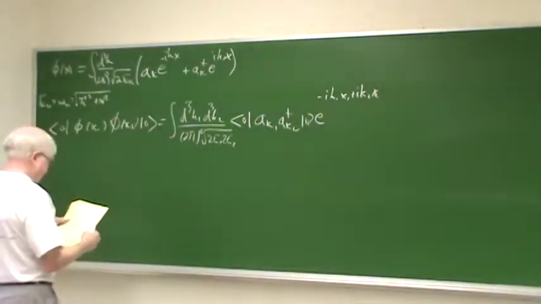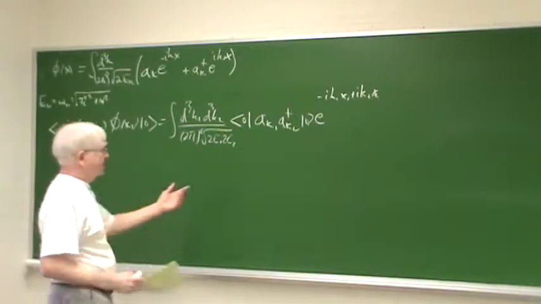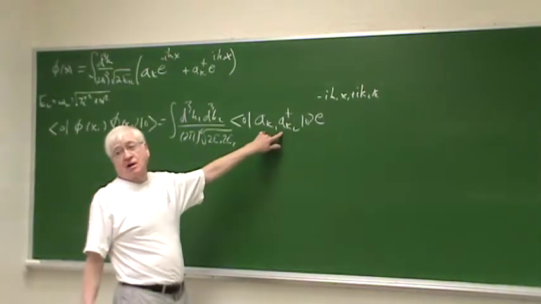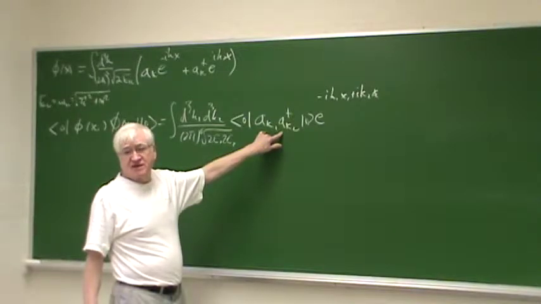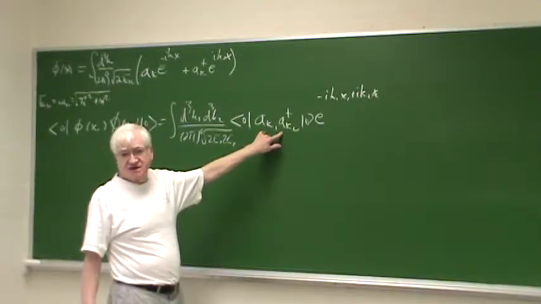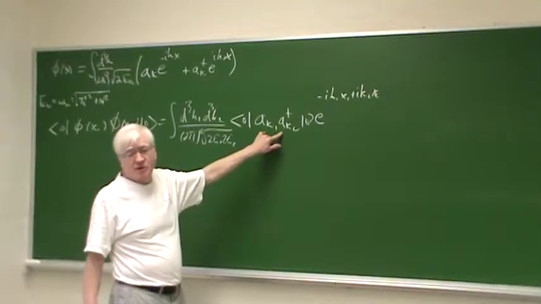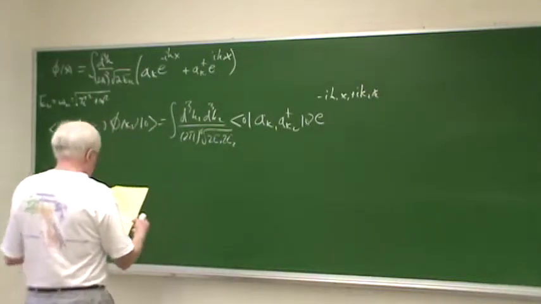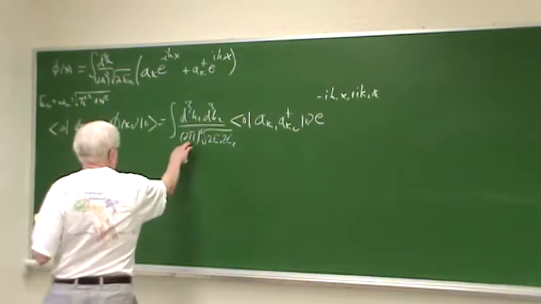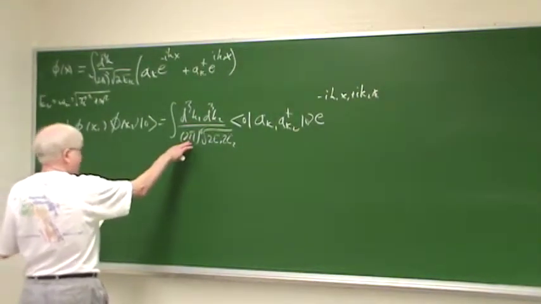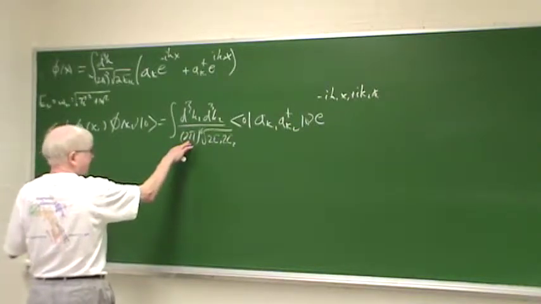Okay, but we know what that is because we know the commutation relations: the commutator of a k1 with a dagger k2 is 2 pi cubed delta cubed of k1 minus k2. And so that cuts one of these down to 1 over 2 pi cubed.